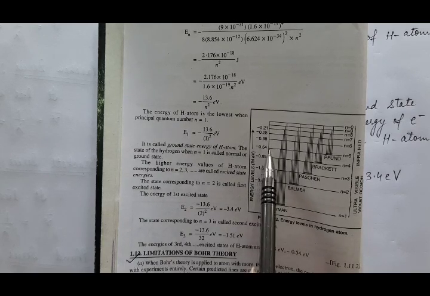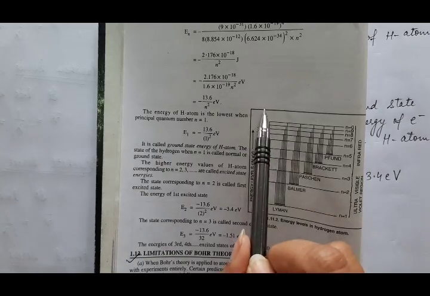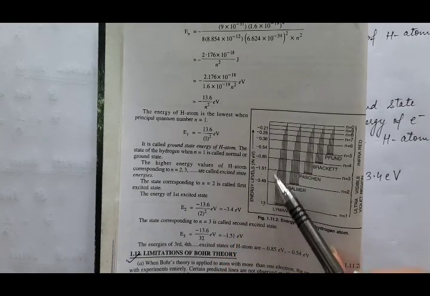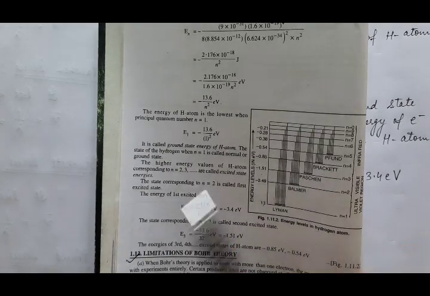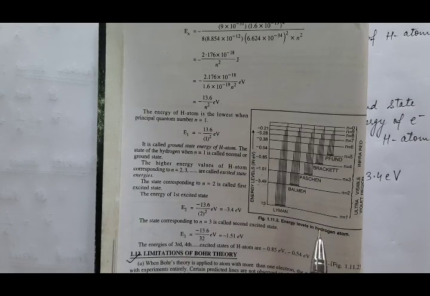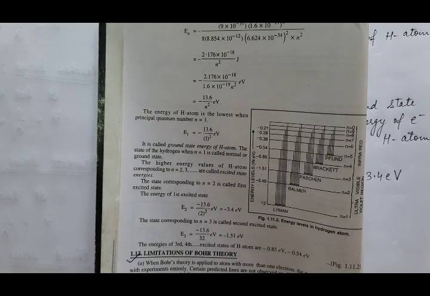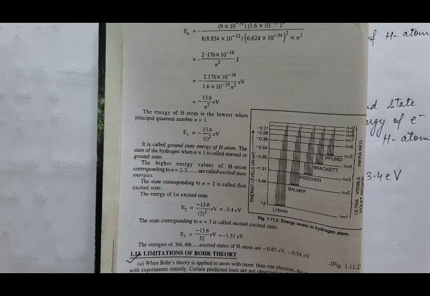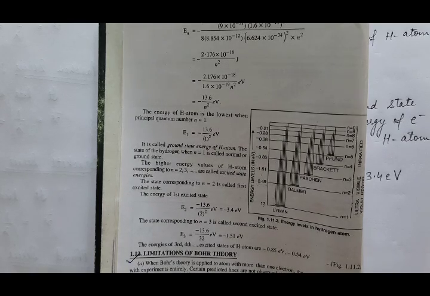E3, E4, E5, E6, E7, E8 and so on. You can see the energy difference is decreasing with increasing value of N. It means quantum physics is approaching classical physics, and this will be proved in Bohr's correspondence principle in our next video. So this is all about energy levels of hydrogen atom.